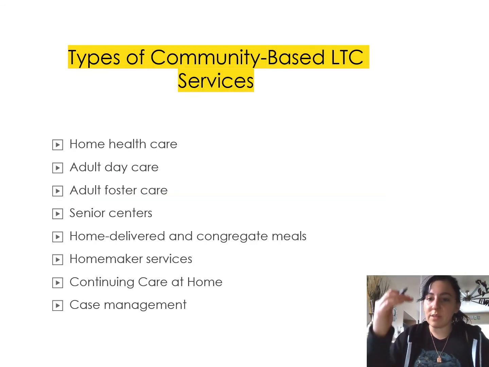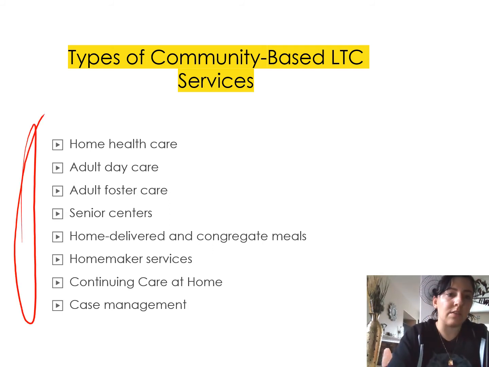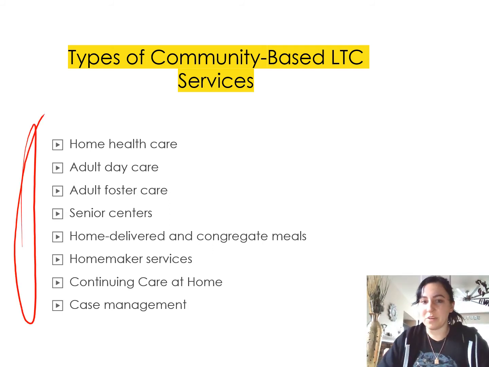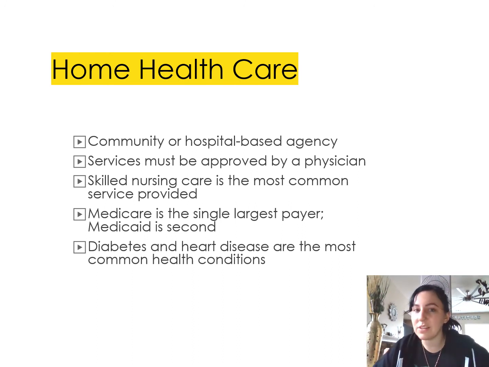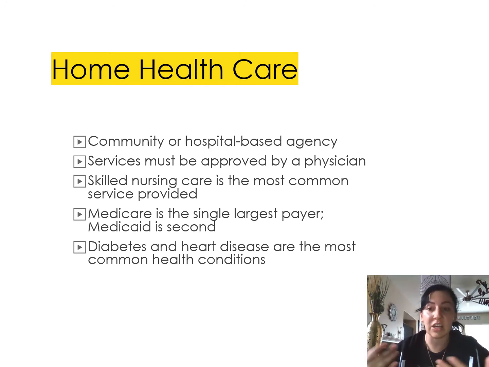Okay, so different types of community-based long-term care services. These are some different types of services that you can get in your community. Okay, so first, home health care. Usually this is going to come from a hospital-based agency, a home health care agency, or maybe a community-based agency, but it's usually going to come from an agency.